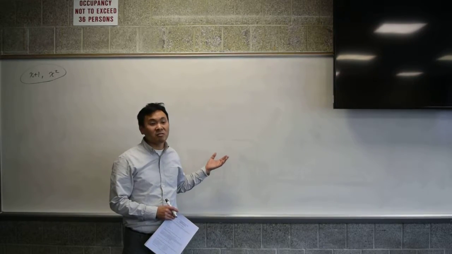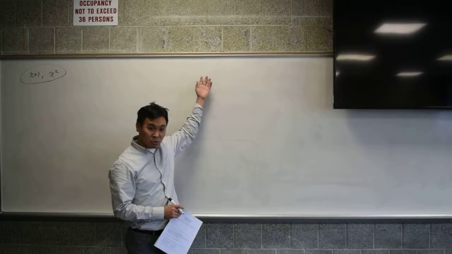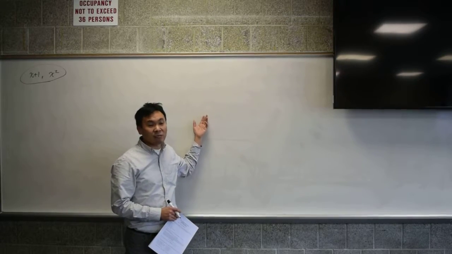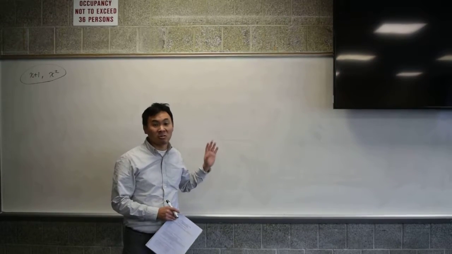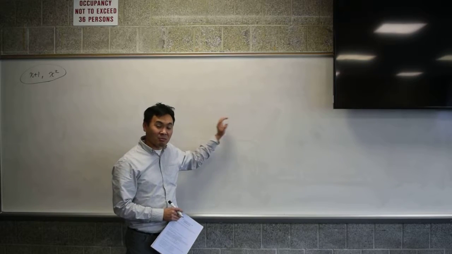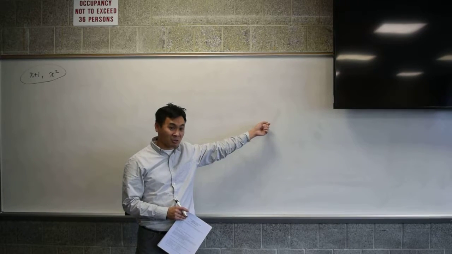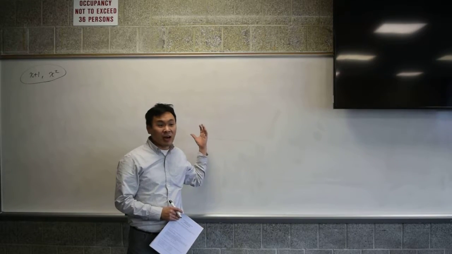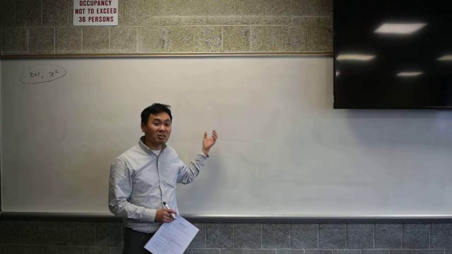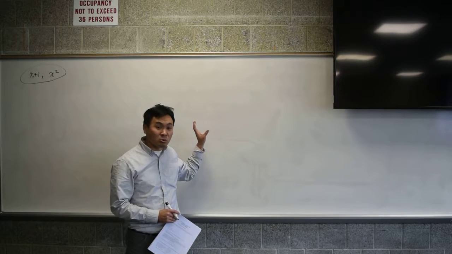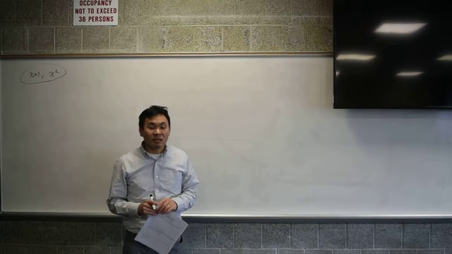If I had 3 different solutions for a 3rd order differential equation, I have to say that these 3 are genuinely different kinds of functions, not related to each other in any way. So if I make C1 times the first, C2 times the second, plus C3 times the third, and make a general solution, I found all the solutions. But for that to work, I really need to show that there is no linear relationship between the 3 functions. That's the reason why we're doing this.